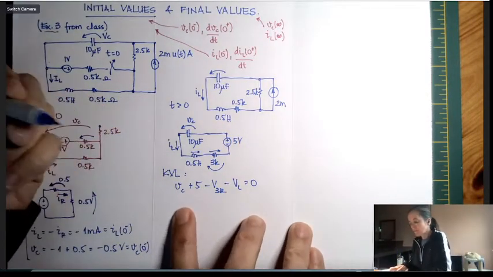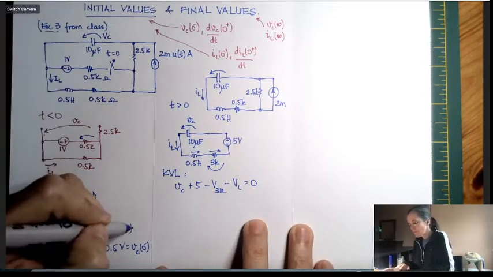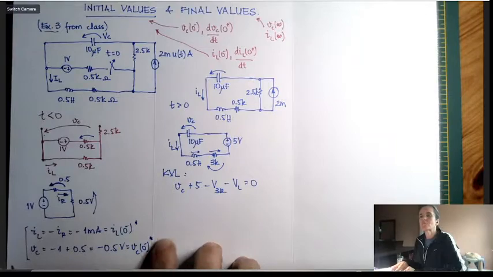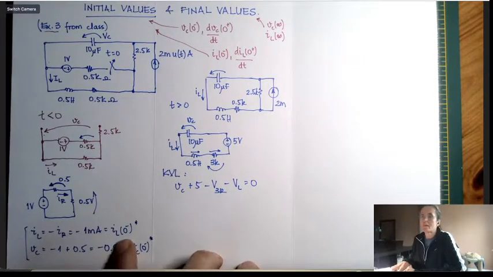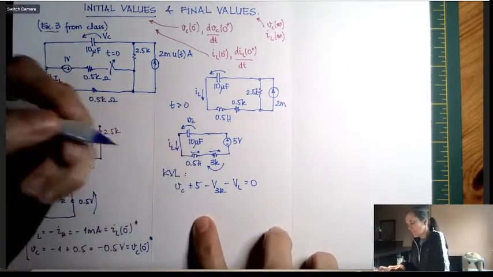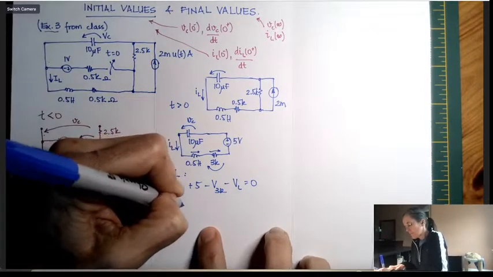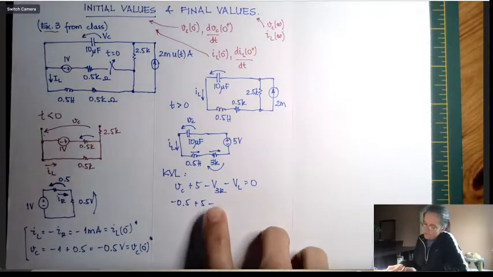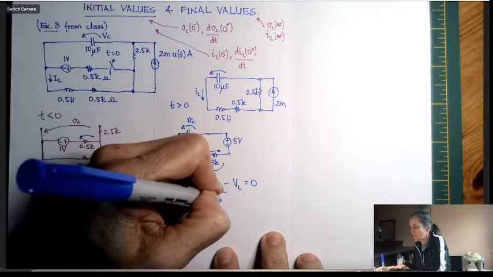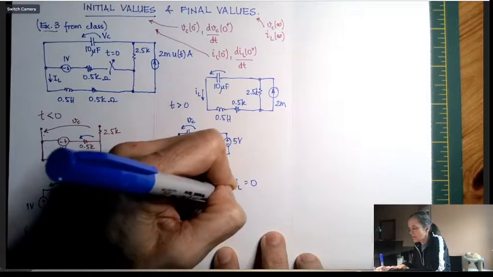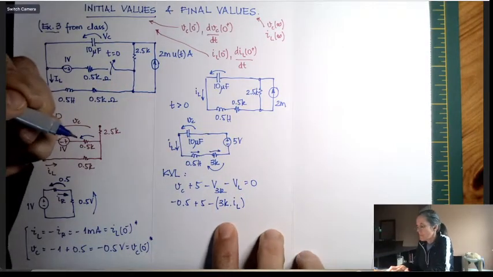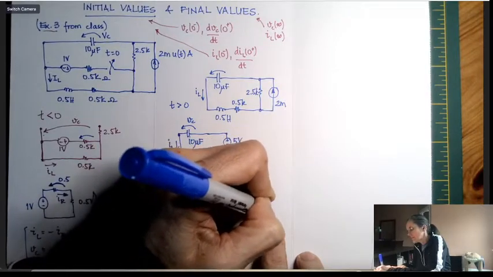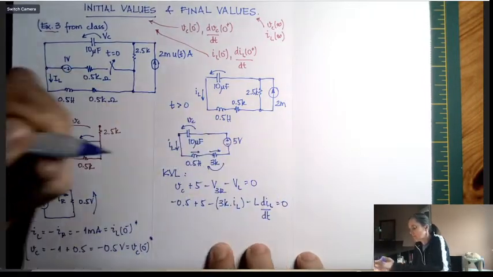So now I have VC. What happens is I have these two values from before 0 that I can transfer, but I only have the VC and the IL. So VC, I know, is minus 0.5, plus 5, minus the voltage across the 3 kilo ohms, which is 3K times IL, minus L di/dt equals 0.